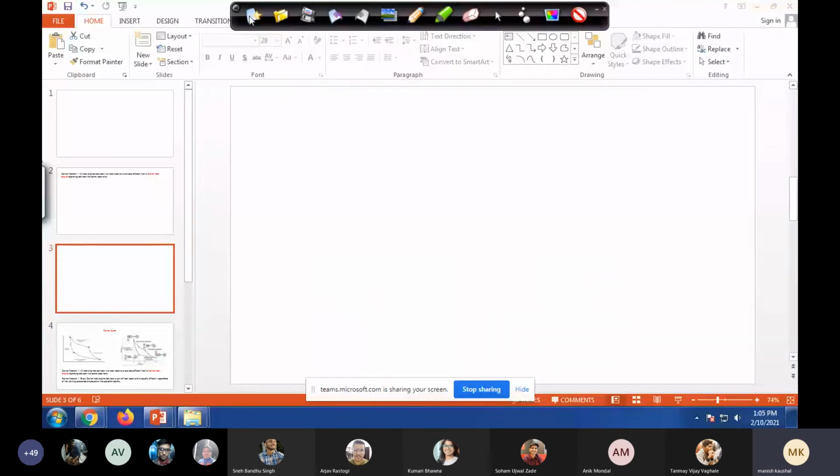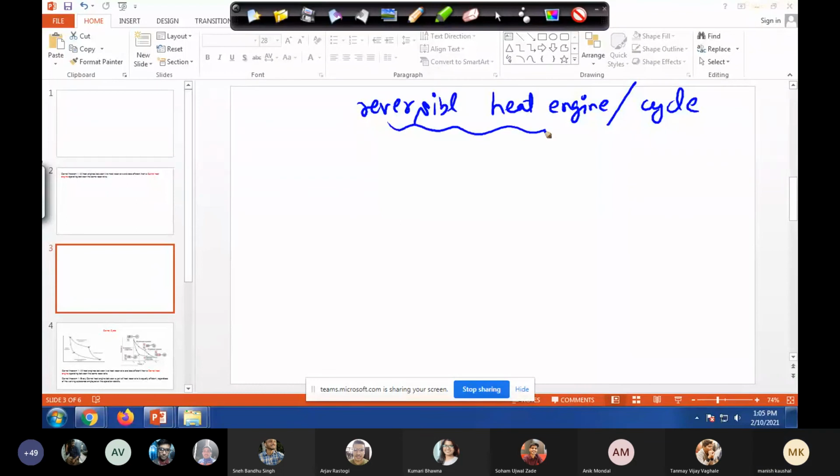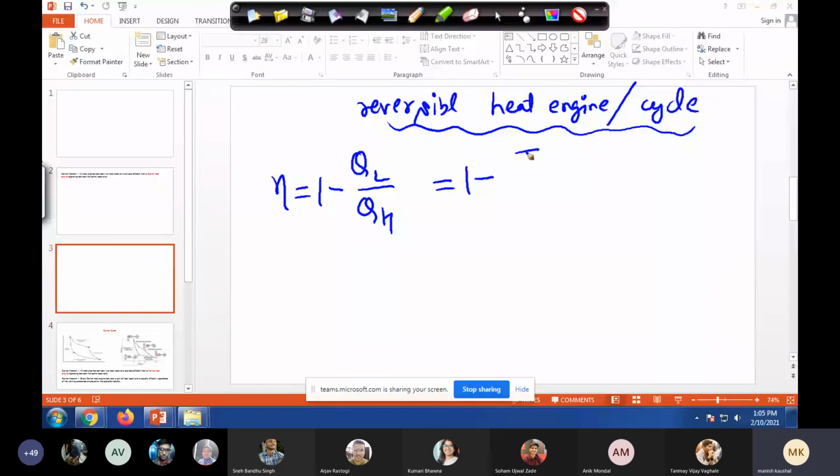See, if you remember, what we have proven is that for a Carnot cycle, now I will not write Carnot, we will write for a reversible heat engine or reversible cycle, both are fine. For a reversible cycle, we know that eta is equal to 1 minus QL by QH, and this is also equal to 1 minus TL by TH.